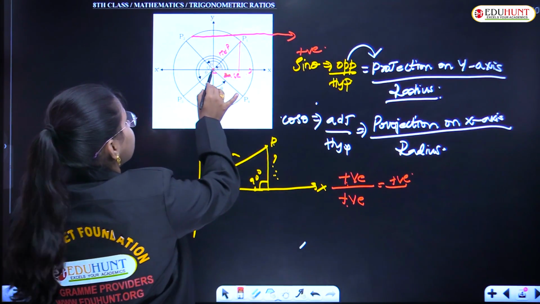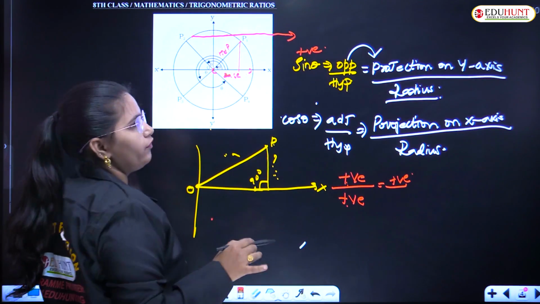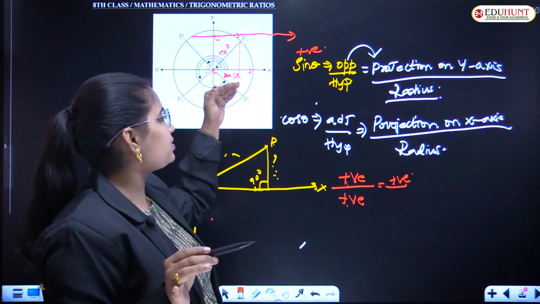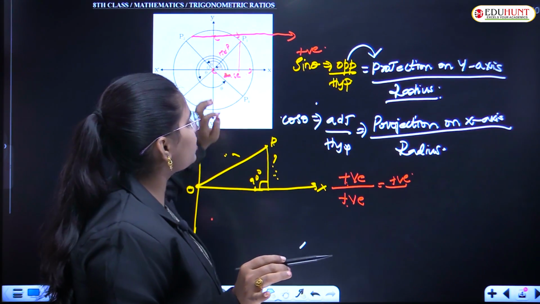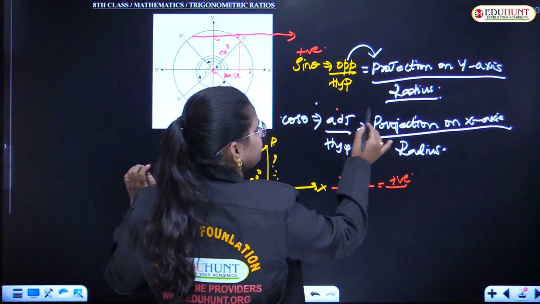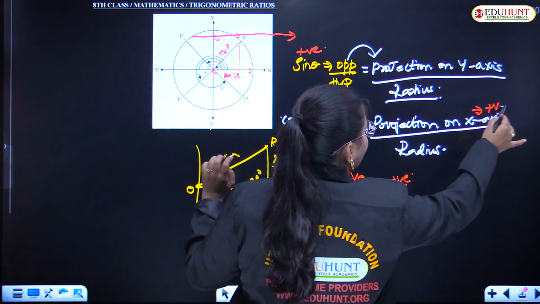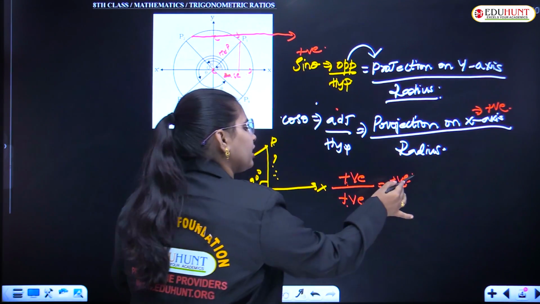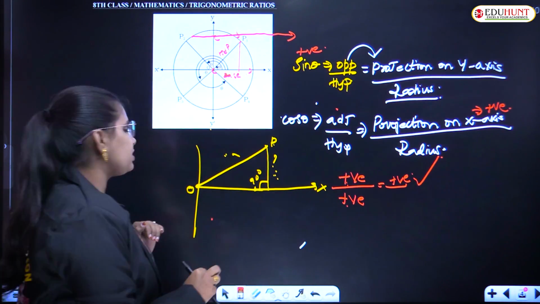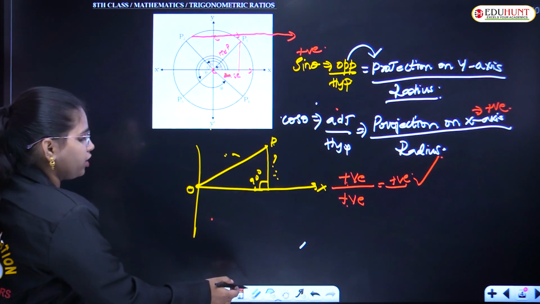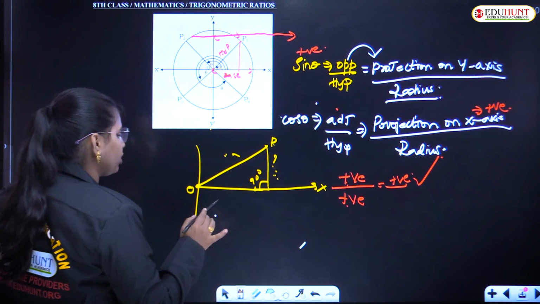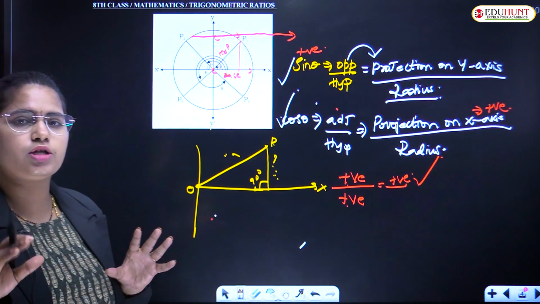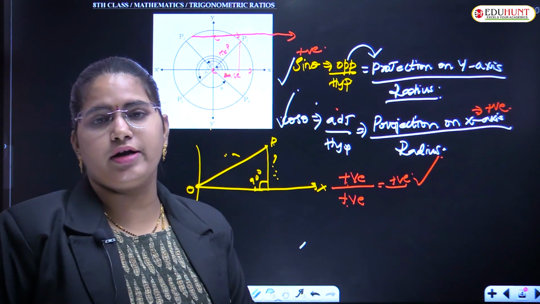The positive side is taking a positive value, and radius as usual is positive. So positive upon positive is again positive. So sine and cos theta both are positive in the first quadrant.